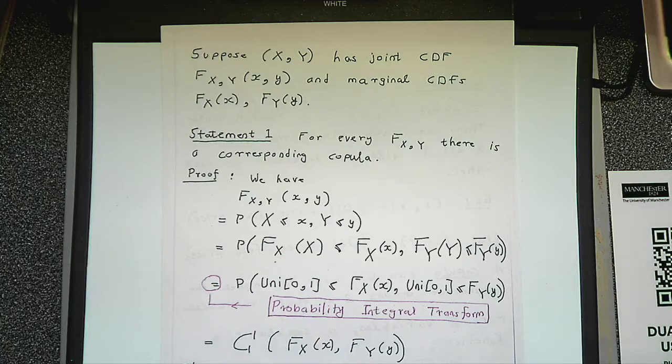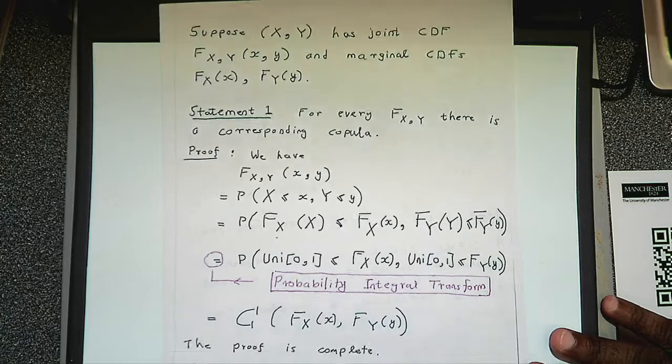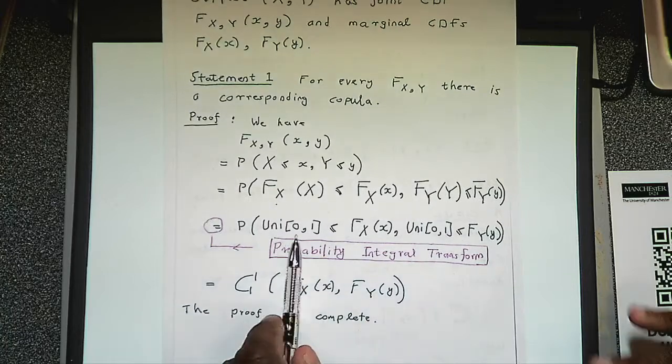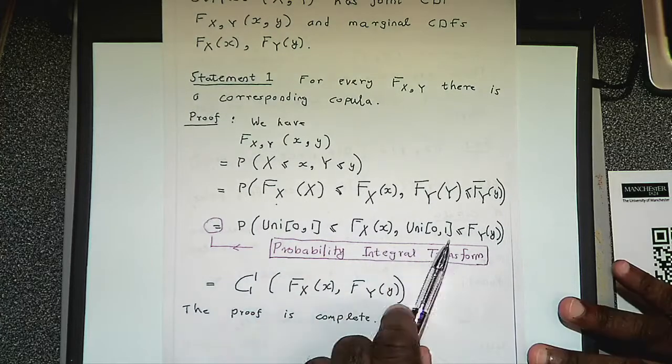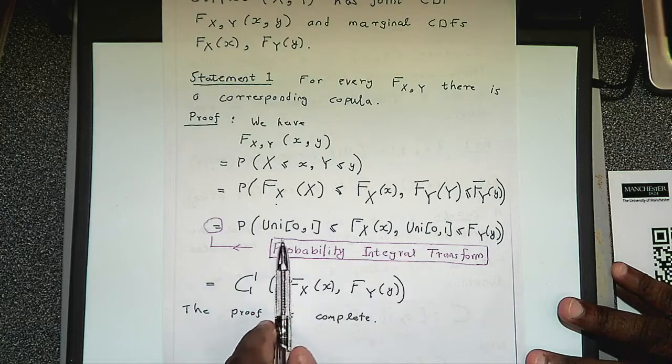Anyway, just to refresh your memory, this is known as the probability integral transform, which says that if you have a variable X, and you take F of that variable X, where F is the CDF, then that becomes a uniform variable. So that's what I have applied to get from this to this, and the same thing from this to this. Now what you have here is a copula, a copula with uniform marginals.